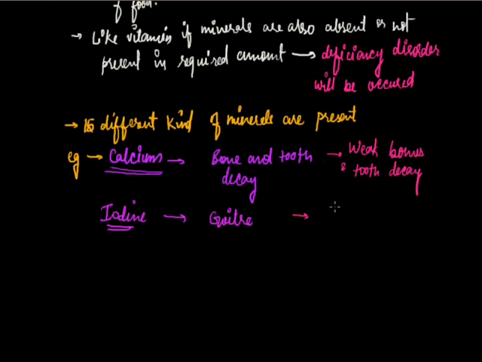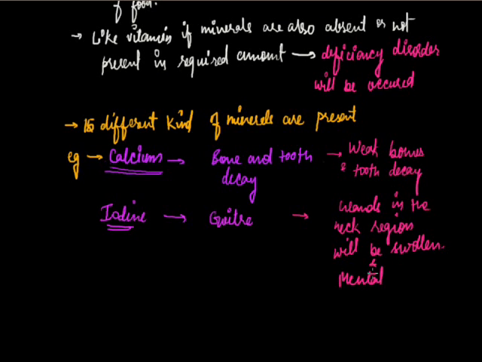So the symptoms of this disorder: glands in the neck appear swollen, and it also causes mental disability in children.